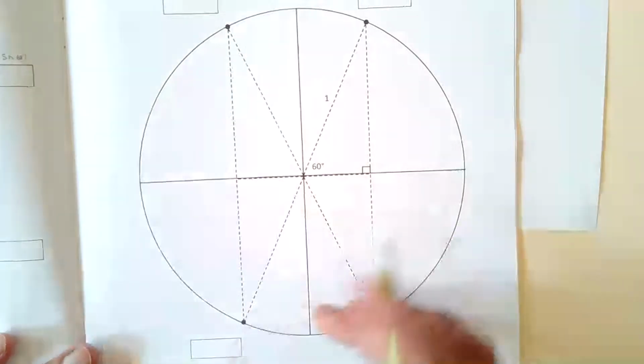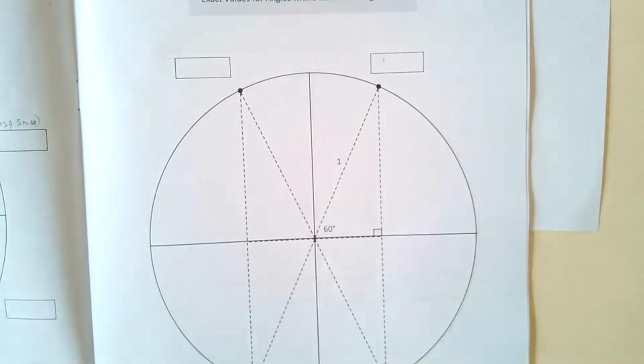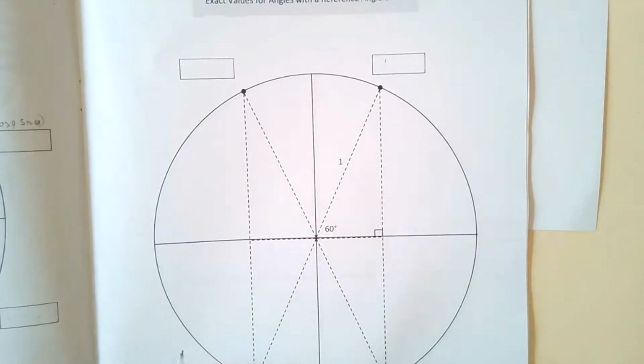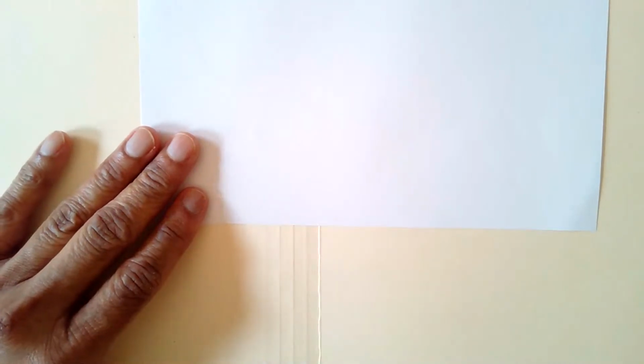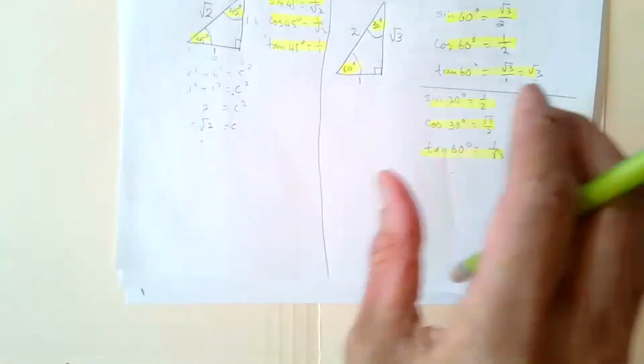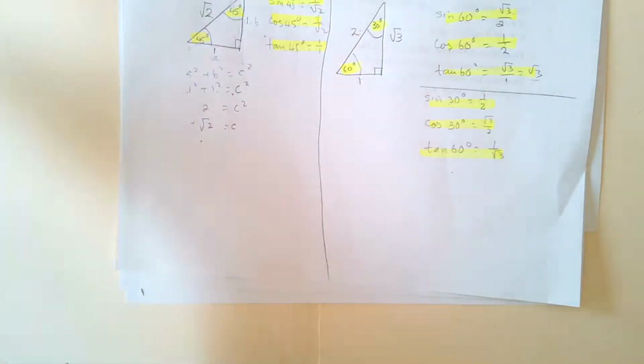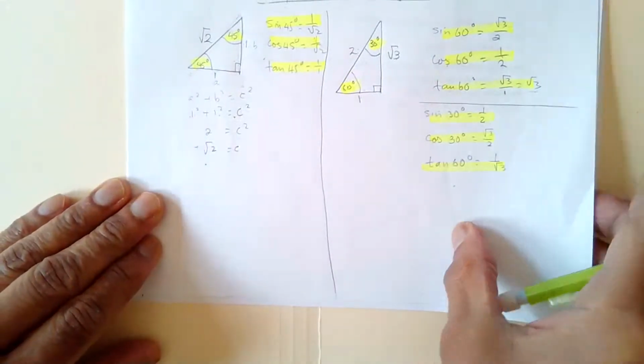Once I know one quadrant, I can find the other quadrant because they're related, they're reference. These are my reference. Now, having done all of that, the question is, where will this take me? It'll take me to the first question.